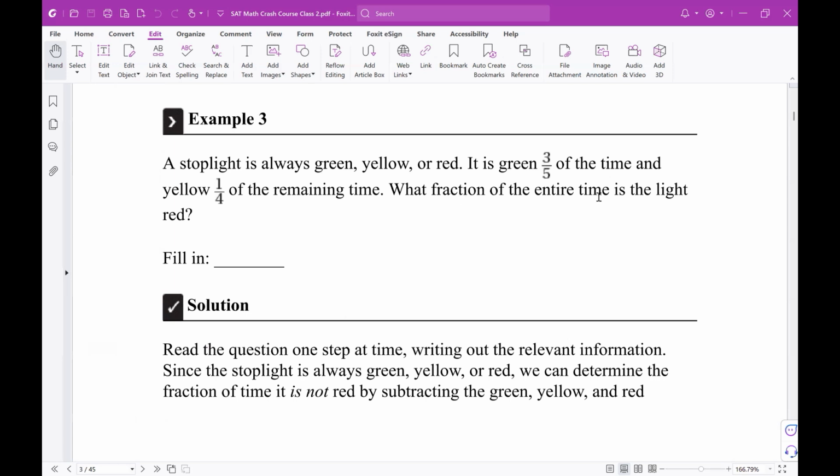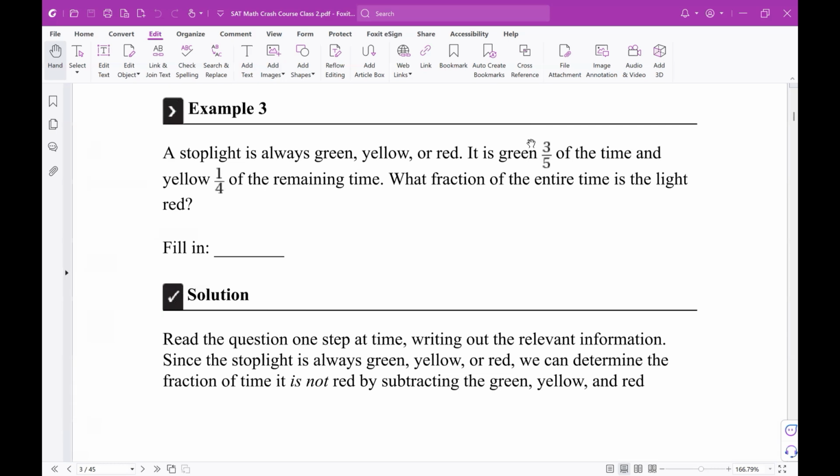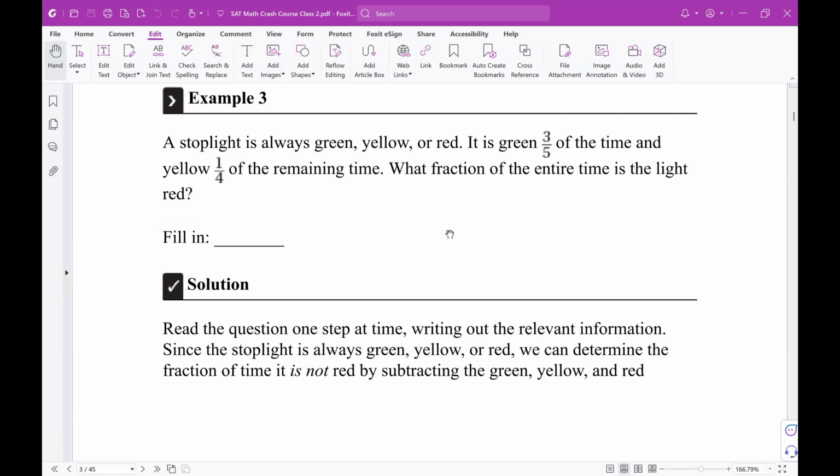What fraction of the entire time is the light red? So all of that would equal 1. If you add the green time and the yellow time and subtract that summation from 1, then you would get the time for the red light. You got it or not?